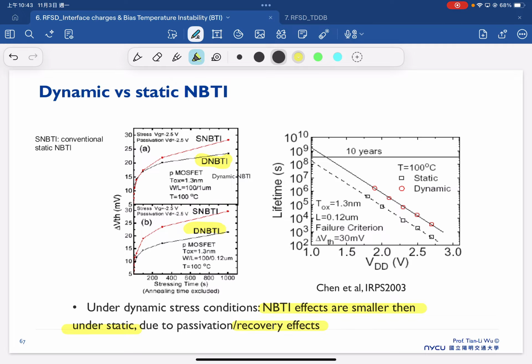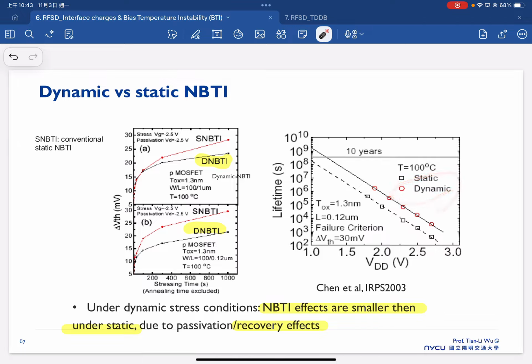That's why in the previous slide we talked about recovery, because with dynamic, it means that sometimes you turn on, turn off, turn on, turn off, but during off, a certain recovery can happen. So we are able to see that during the dynamic stress, the threshold voltage shift is smaller than the static stress here, and therefore you can also start to extract the lifetime in the case of the static and then the dynamic here.